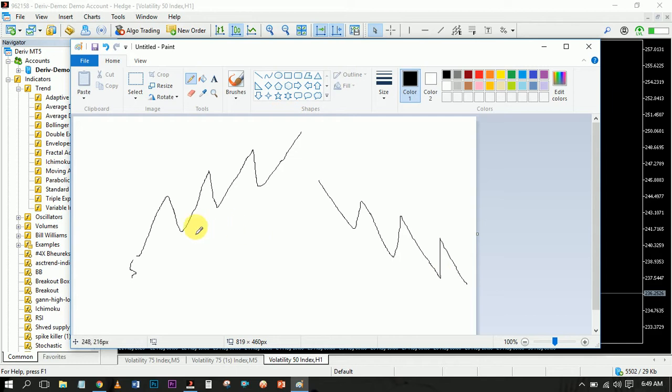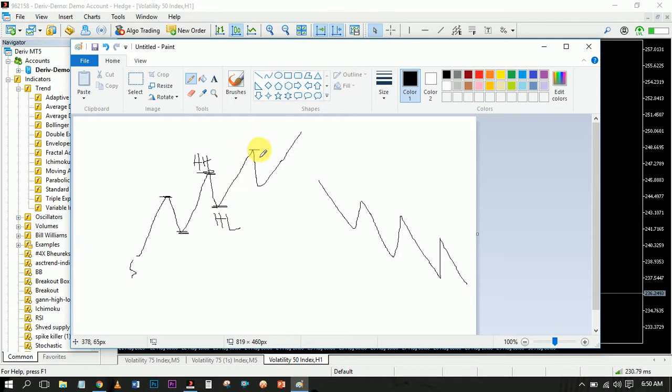Now for an uptrend, the pullback is characterized by two things: the higher high and the higher low. This is the first low, this is the first high, so this is now a higher high, then this is a higher low.